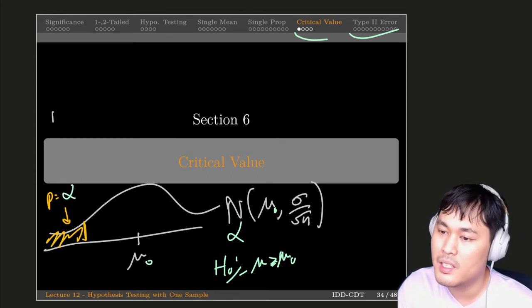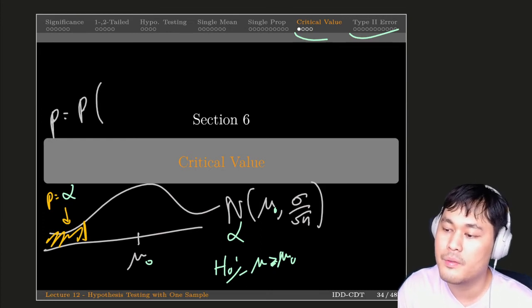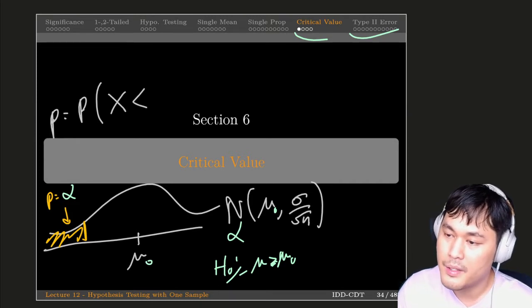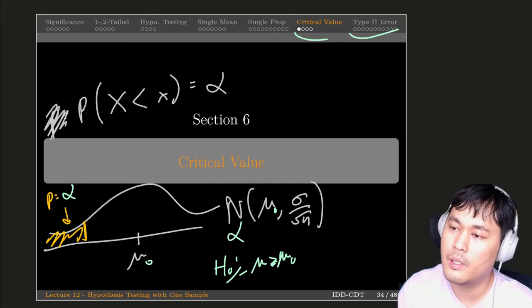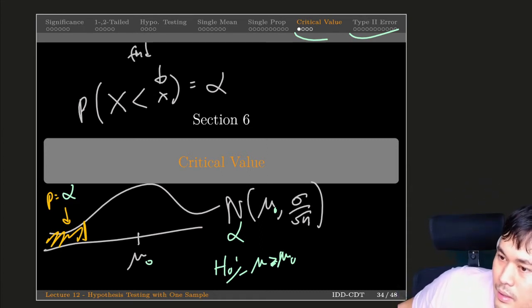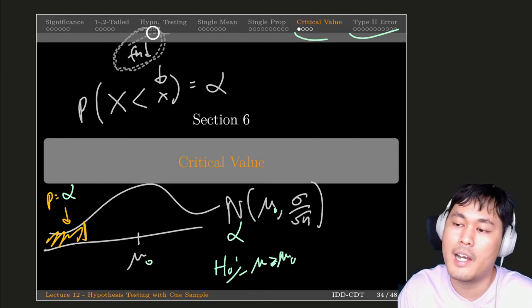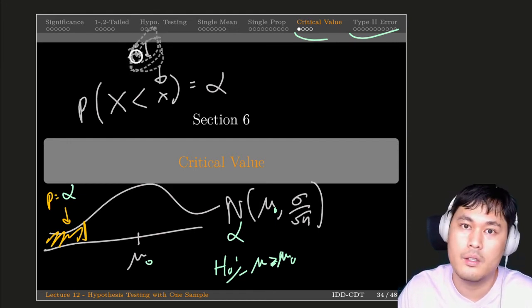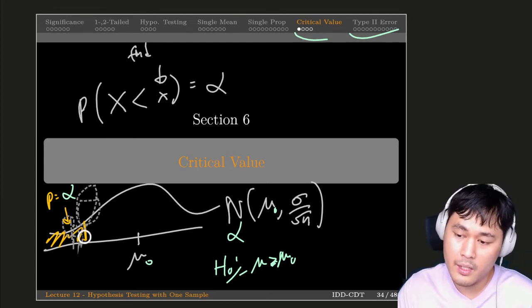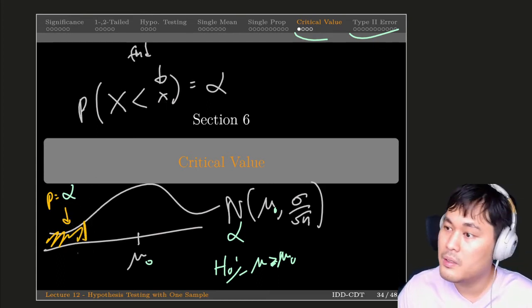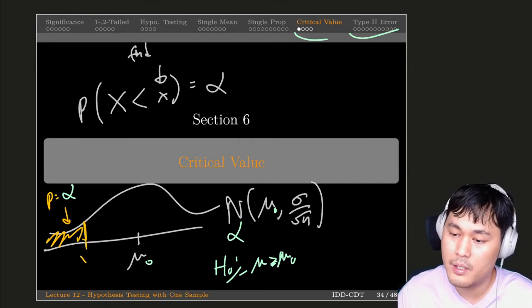In other words, in formal terms, the probability that x is less than some value is alpha. We don't need the p-value yet. We can find x. That's the second problem we encountered when we started studying the standard normal distribution. We can find the value of x, and so that means we can know in advance what value it will be.